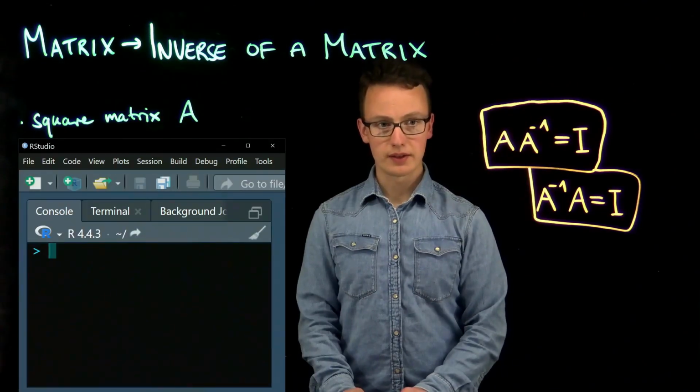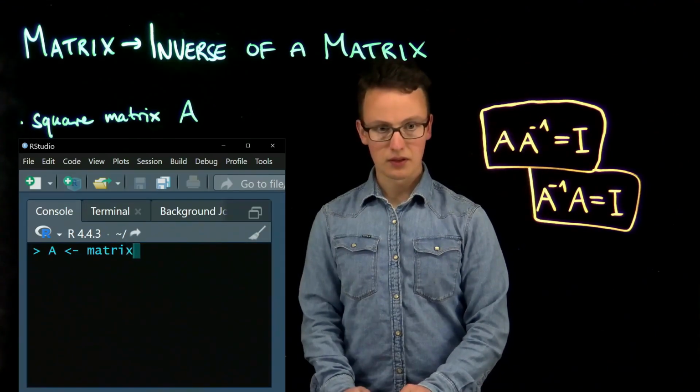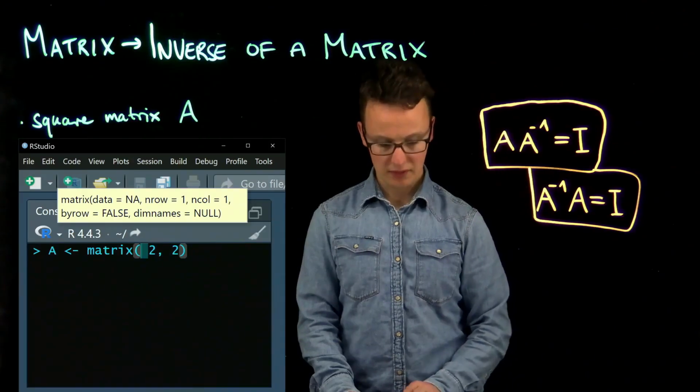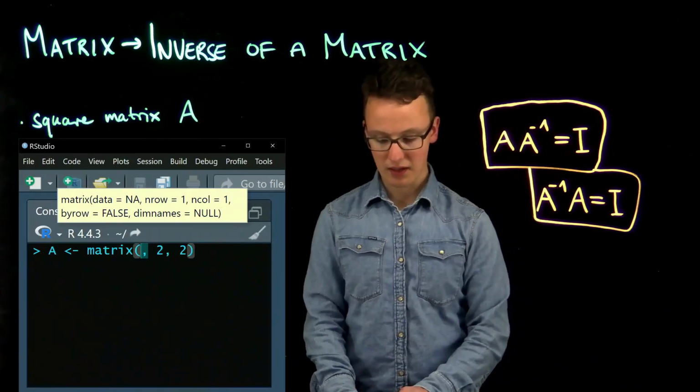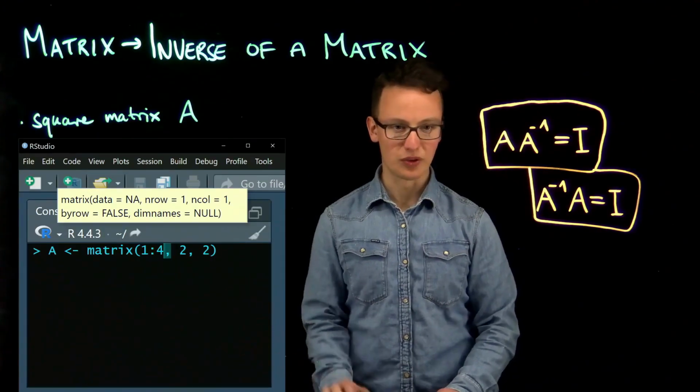All right, so let's define a matrix A, which could have 2 rows and 2 columns, which makes it a square matrix, and as the values, we'll give it the values 1 to 4, right?